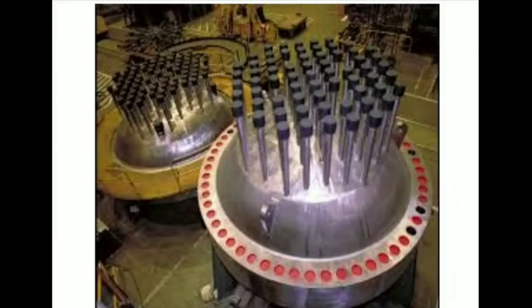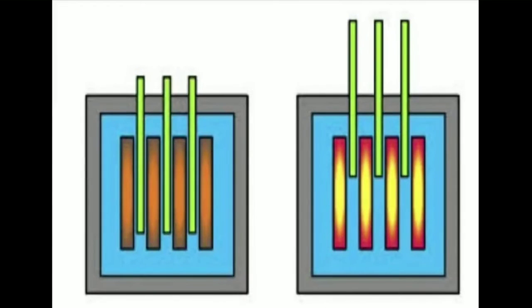The picture shows the control rod assembly on a reactor vessel. The first picture shows that the control rods are fully inserted into the fuel section so that the neutrons are absorbed by the control rods. In the second picture, you can see the control rods are withdrawn from the reactor vessel, so neutron economy will be improved in this case.